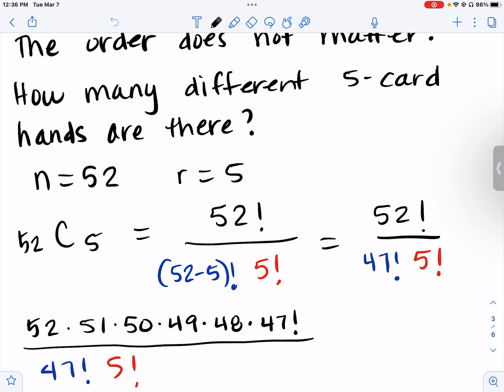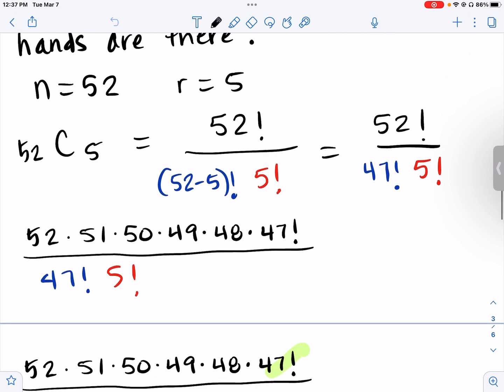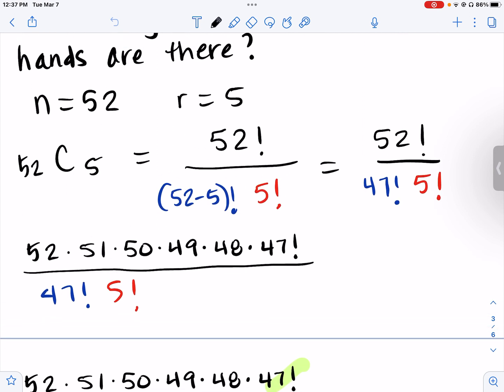Okay, we do what's in the parentheses first. So 52 minus 5 is 47. Now, we certainly don't want to write 52 through 1. So what can we do instead? Notice that we have a 47 factorial on bottom. What that means is 47 times 46 all the way down to times 1. Okay, so if we stop at 48 and then say times 47 factorial on top, that 47 factorial means 47 all the way down to 1.